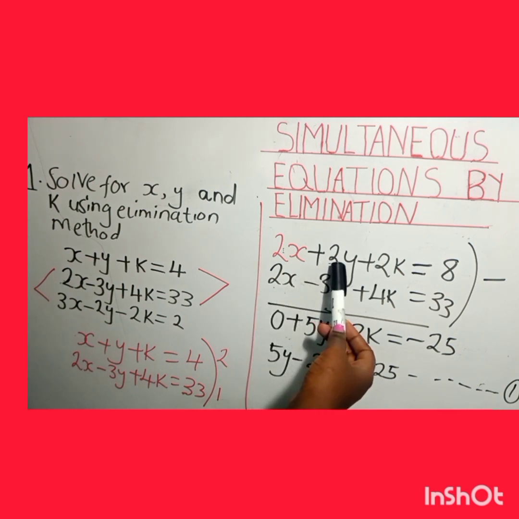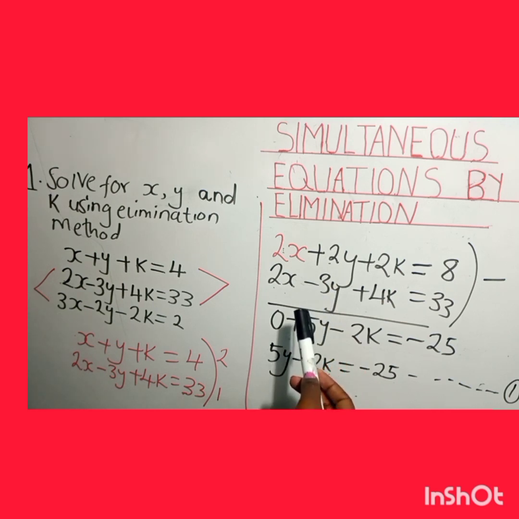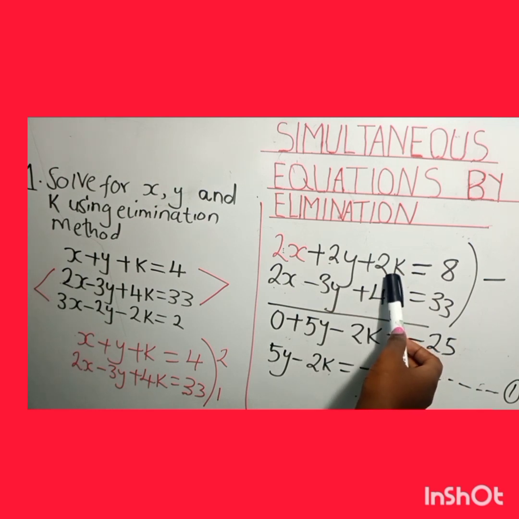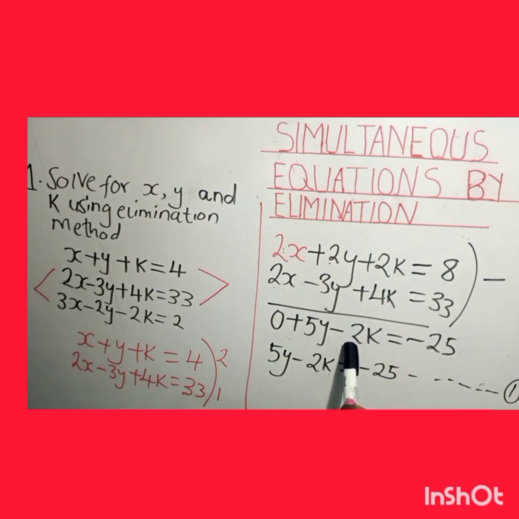Then 2y minus negative 3y, the negative becomes positive, so I'll have 5y. Then 2k minus 4k gives me minus 2k, is equal to 8 minus 33, which gives negative 25. Therefore we have 5y minus 2k is equal to negative 25 as our first equation.